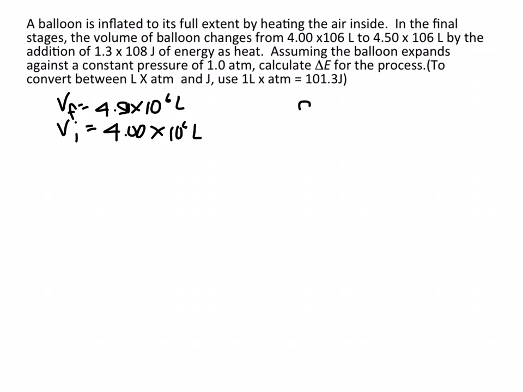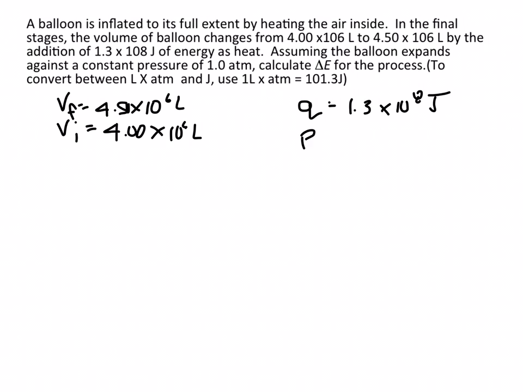We know that heat has been absorbed by the balloon, and because of that, we have our Q value of 1.3 times 10 to the 8th joules. Okay, so we have volume values, we have a heat value.